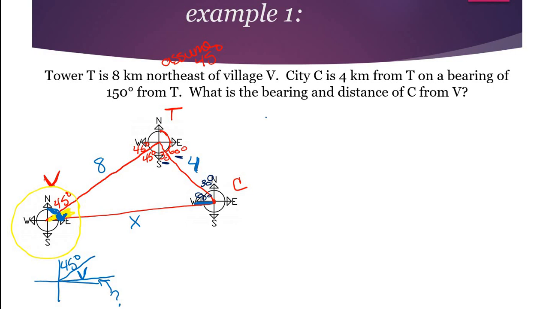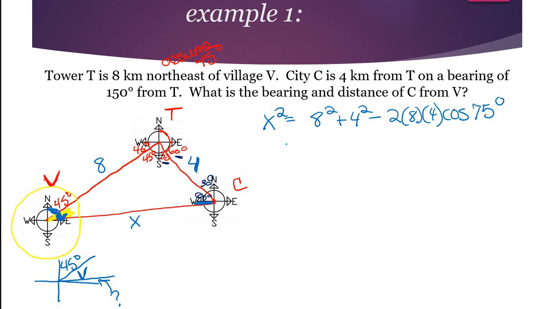So I have to use law of cosines, and I use the side, and then the other two sides squared, minus those two sides, times the cosine of the angle across from them, which is 45 plus 30, so 75 degrees.